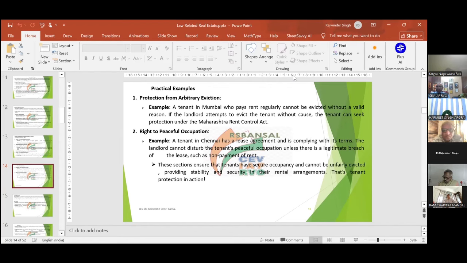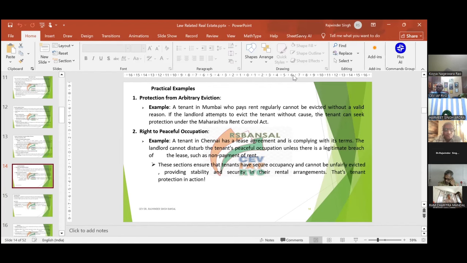So the tenant has the right to peaceful occupation of the premises which he has taken under rent. For example, a tenant in Chennai has a lease agreement and is complying with its terms.